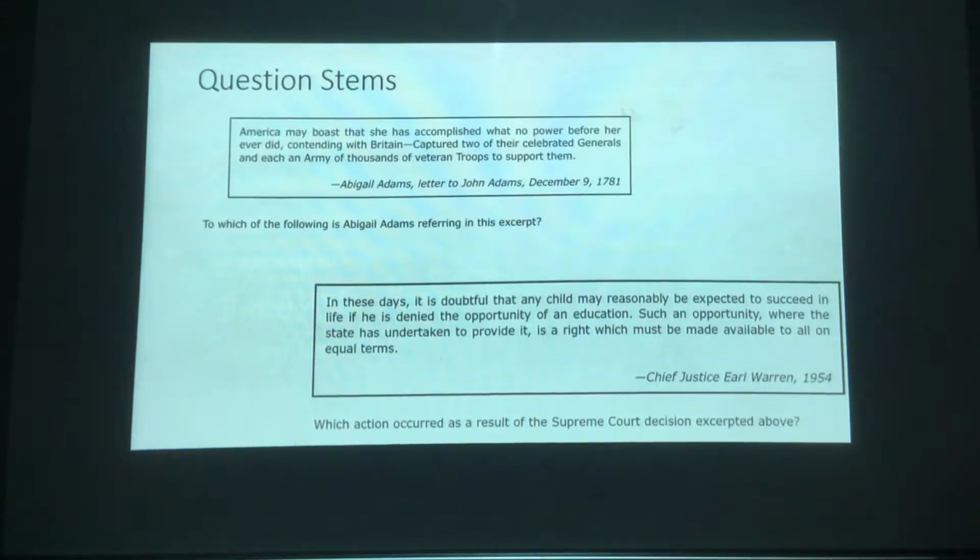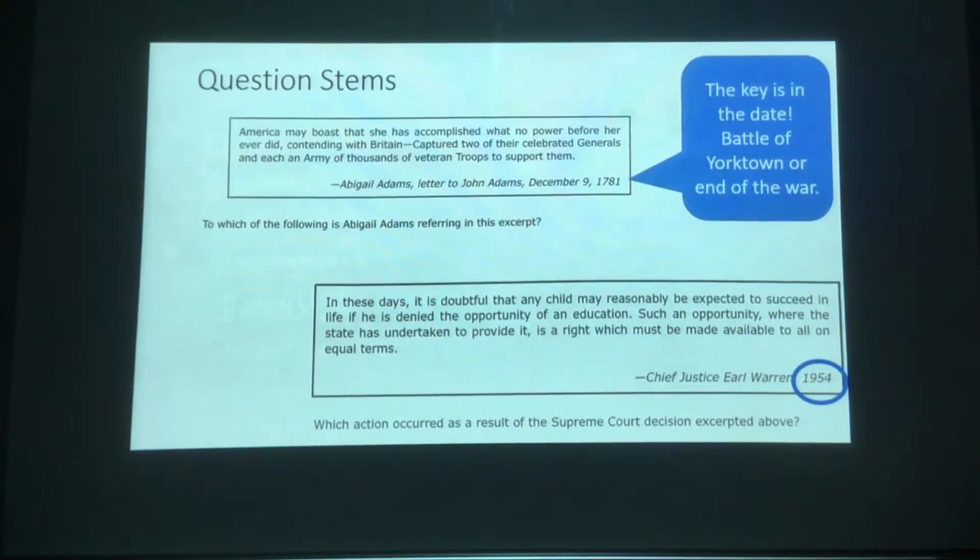A few more question stems. Sometimes you're given a date, and make sure that you pay attention to the dates that are being given because the dates are important. So here in this quote from Abigail Adams to John Adams, the key is the date, the Battle of Yorktown or the end of the Revolutionary War.